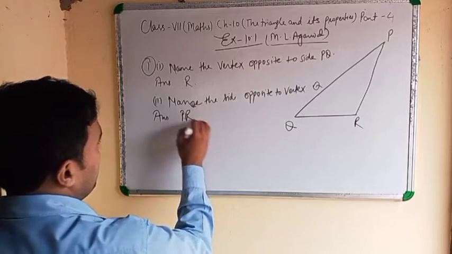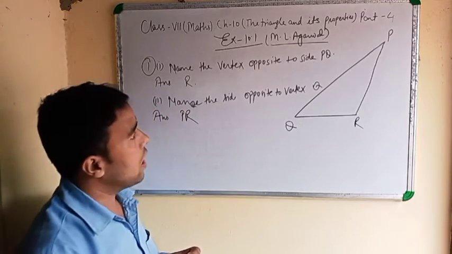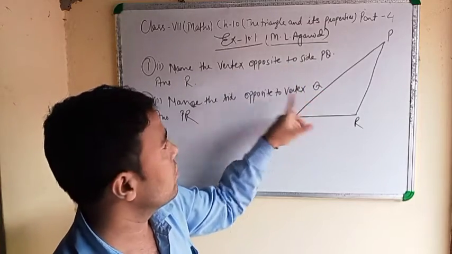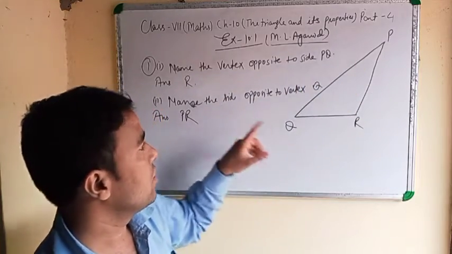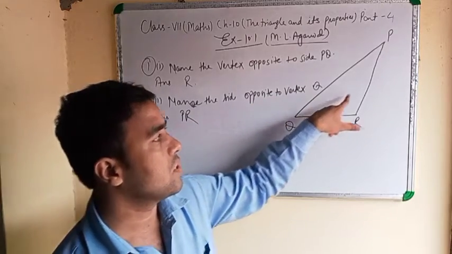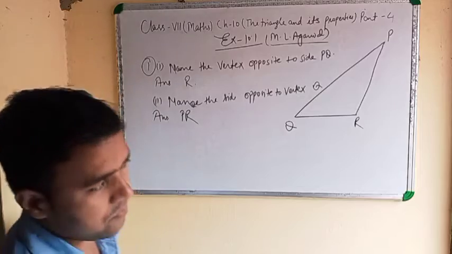Answer PR. See, the vertex opposite side PQ is R, but the side opposite vertex Q is PR, clear.